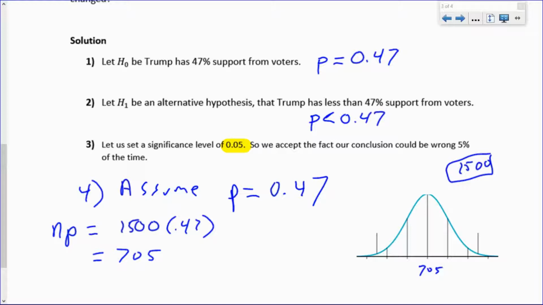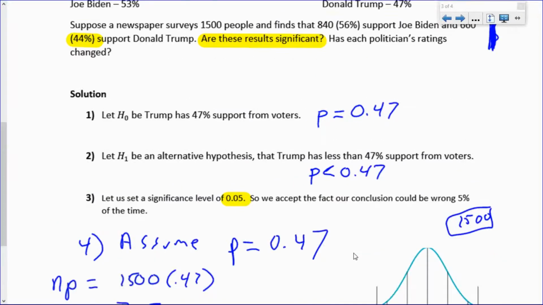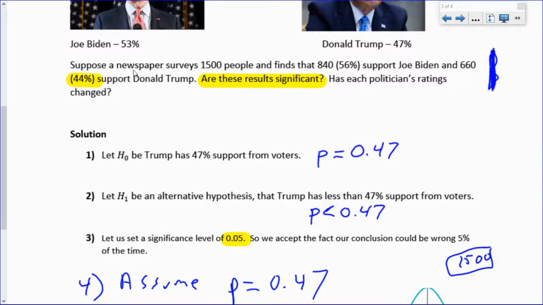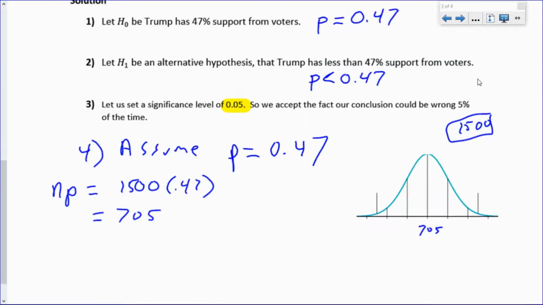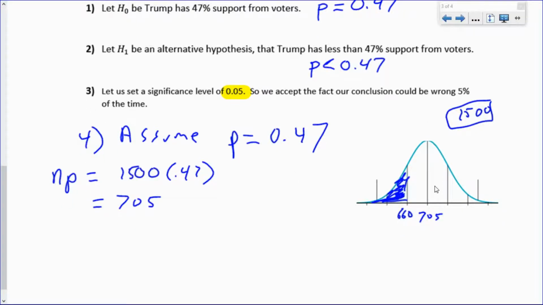So when you survey 1,500 people, if Donald Trump has 47% of the support, you'd expect 705 people would choose him. We didn't get that, though. In this survey, they got 660, so below that. What's the probability that if he really has 47% of the support, he would have 660 or fewer people choose him in that survey? Could that happen by chance? So, of course, we have the 705 as our mean here.